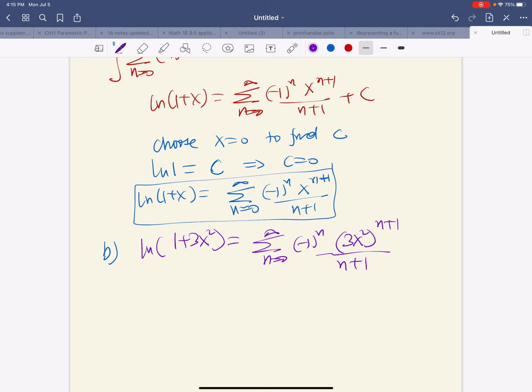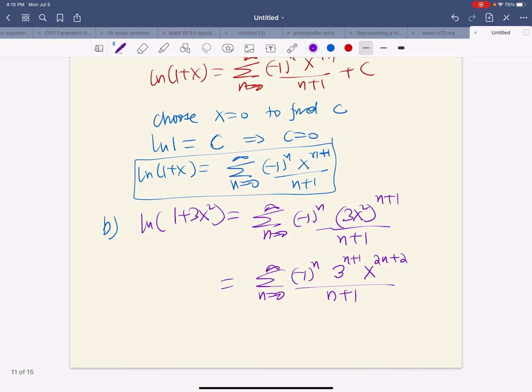And we can clean up a little bit more, but that would be the power series here. If we want, we can rewrite it as n equals 0 to infinity, negative 1 to the power n, 3 to the power n plus 1, x to the power 2n plus 2 over n plus 1.